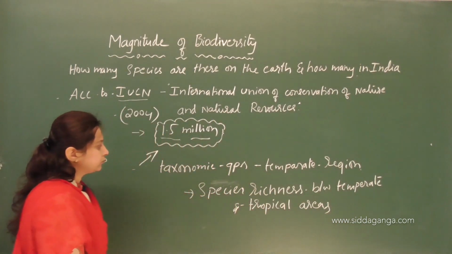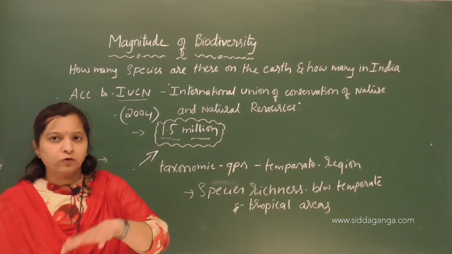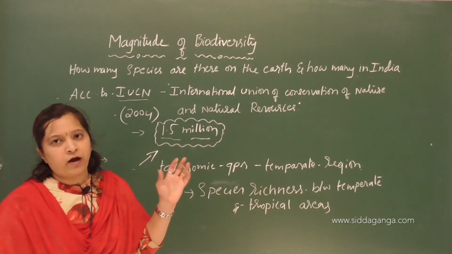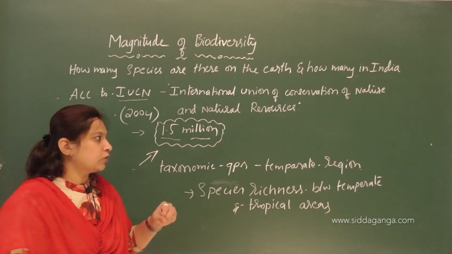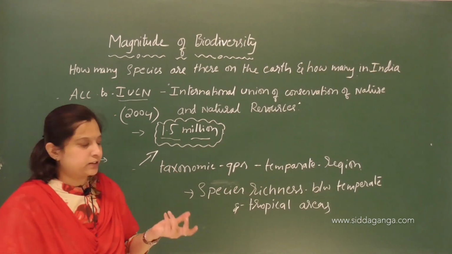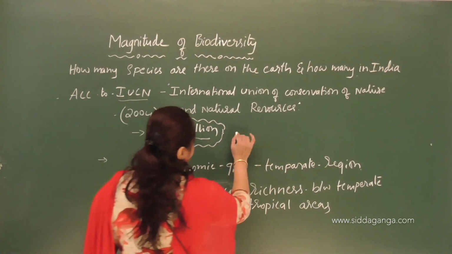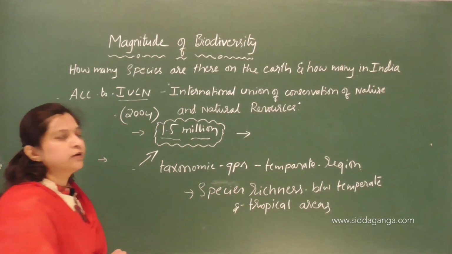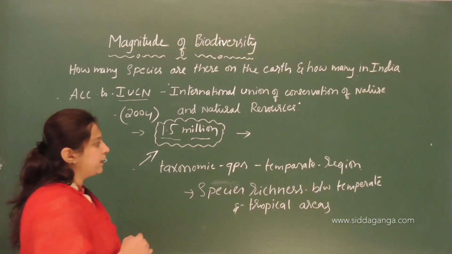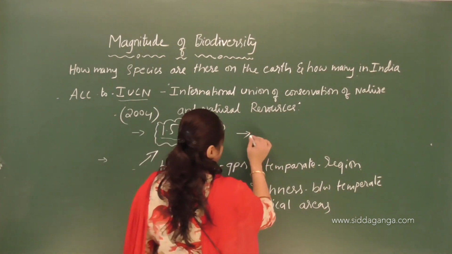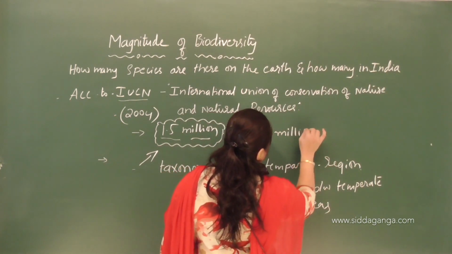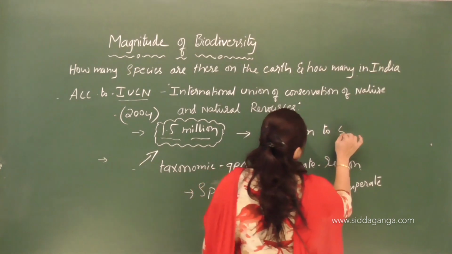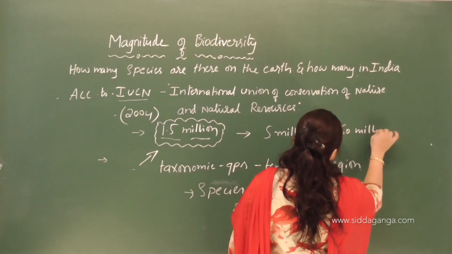On the basis of all these observations, some of the scientists as well as taxonomists calculated that the total number of plant and animal species on the globe may fall around 5 million to 50 million.